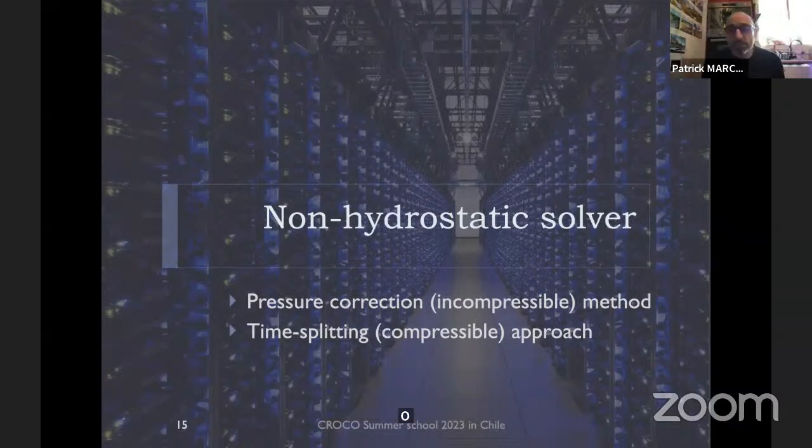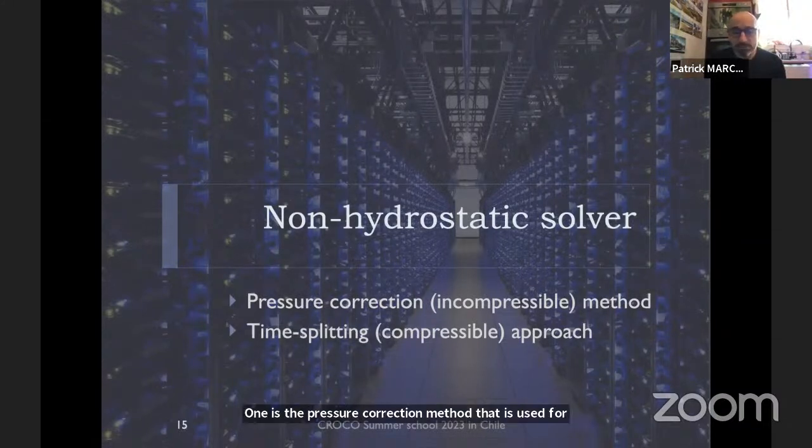One is the pressure correction method that is used for incompressible equations. And most models use this method for the ocean, not for the atmosphere, but for the ocean. The second method, which is used a lot in the atmosphere, is the time-splitting method, which is used for compressible equations.